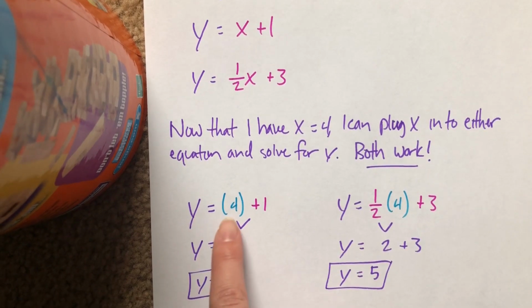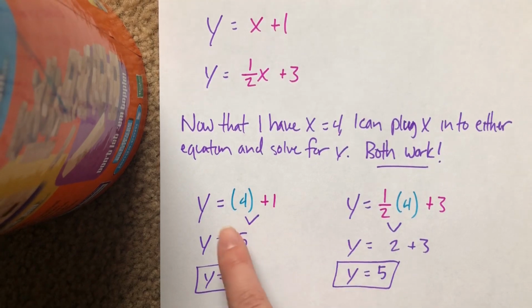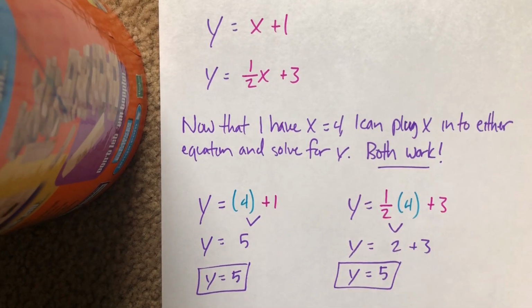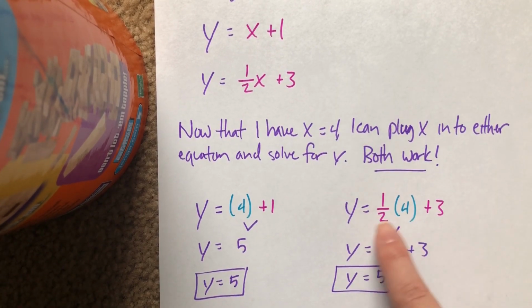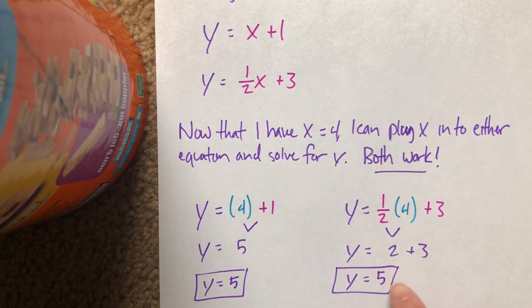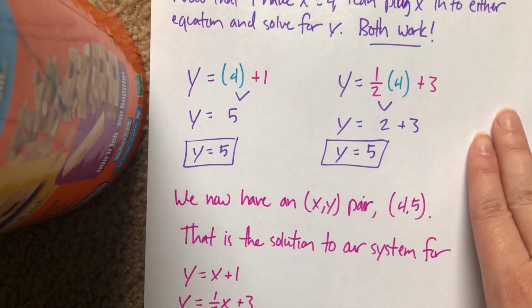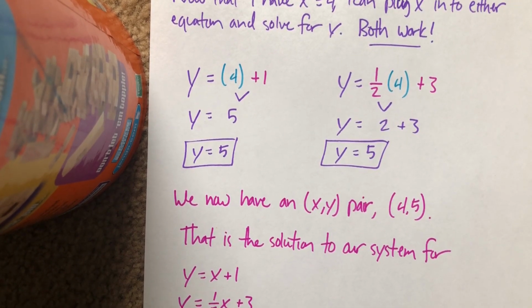So here, instead of x, I've put 4, y equals 4 plus 1, and 4 plus 1 is 5, y equals 5. Now on this side, I plug in 4 instead of x also. 1/2 times 4 is going to be 2, and add that 3, y equals 5. So our ordered pair for the solution to this system of equations is 4, 5.